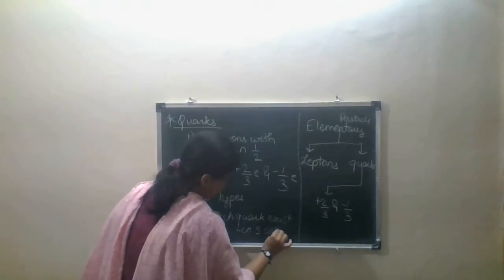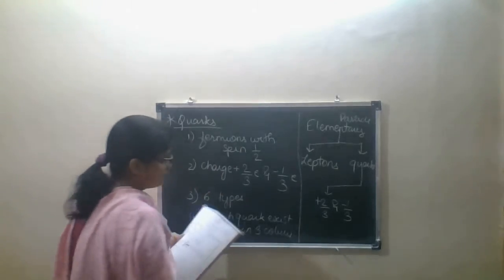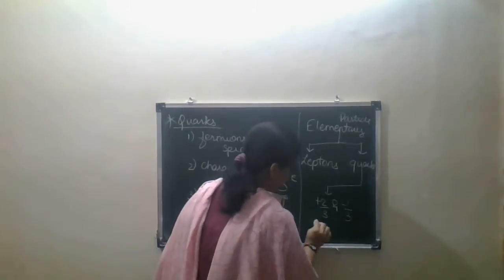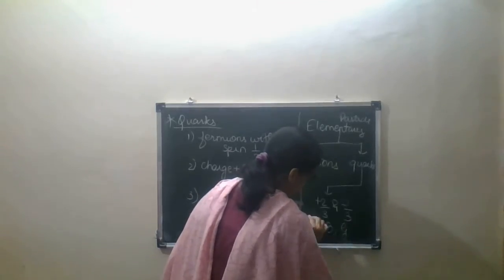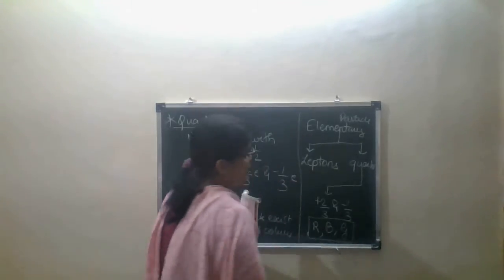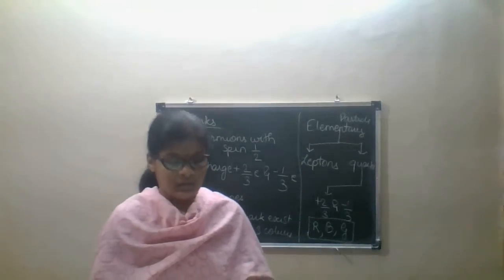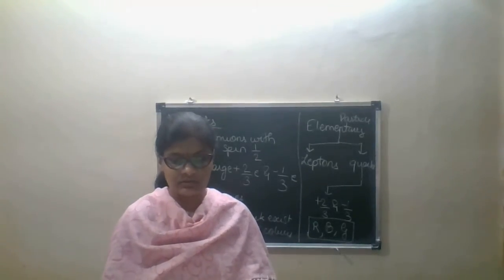What are those colors? Red, blue, and green. Quarks have these 3 colors.